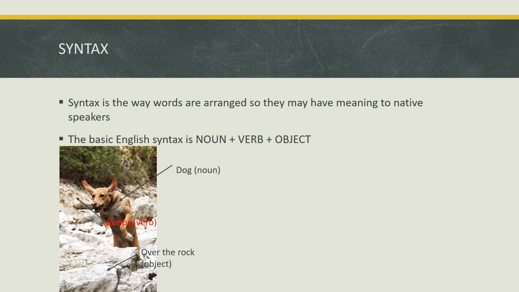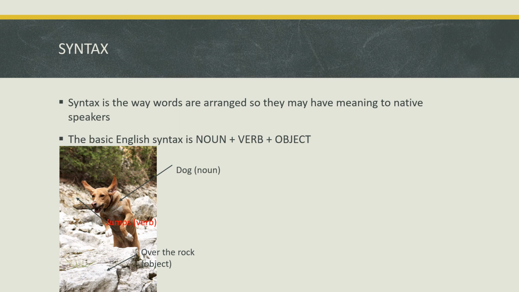For example, we look at this picture. So we see a dog, we see what the dog is doing, and how the dog is doing it, right?